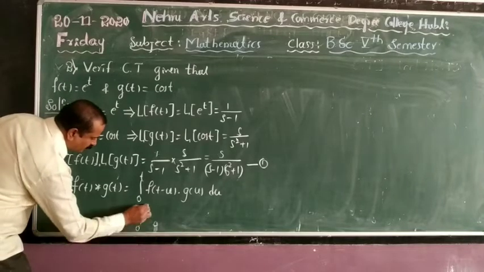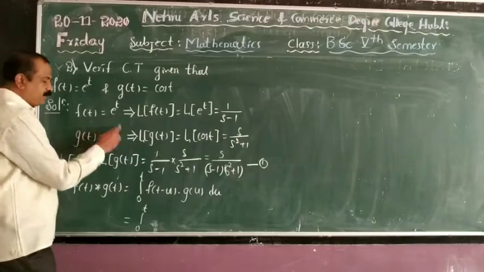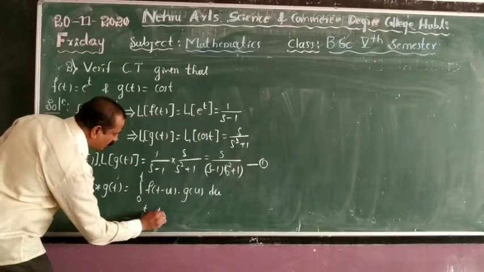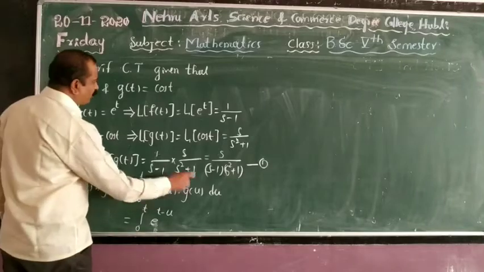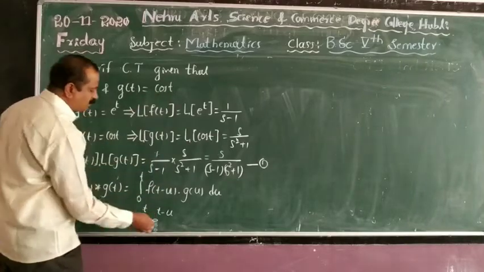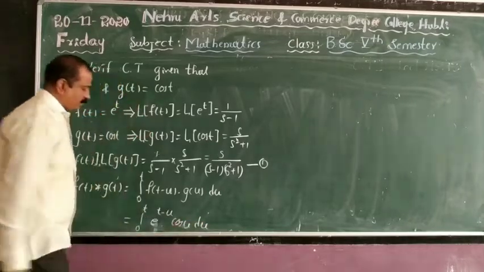So this is equal to integration from 0 to t, f of t minus u is e raised to t minus u, into g of u, which is cos u, du.